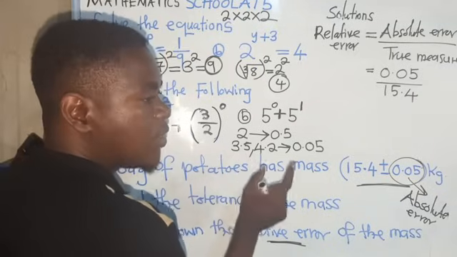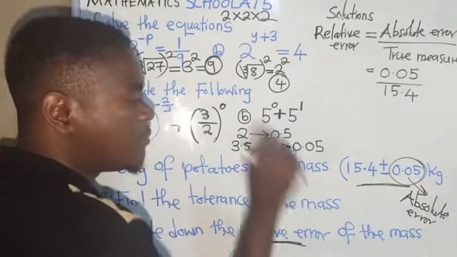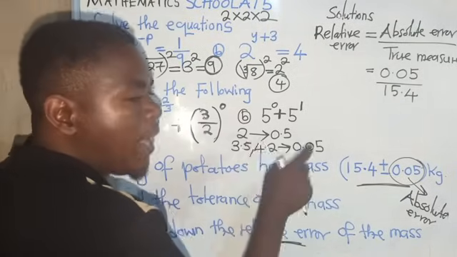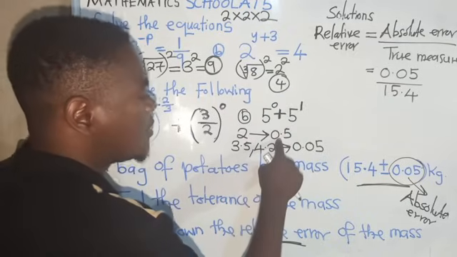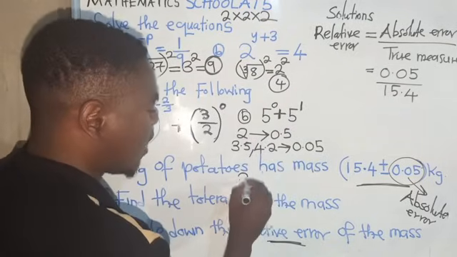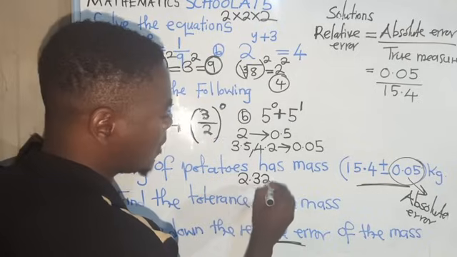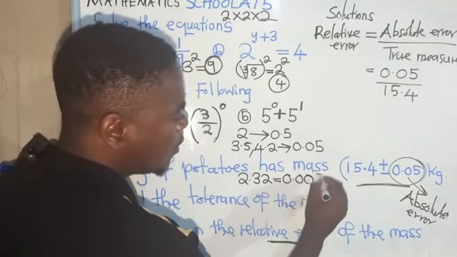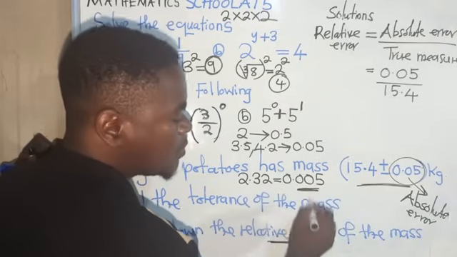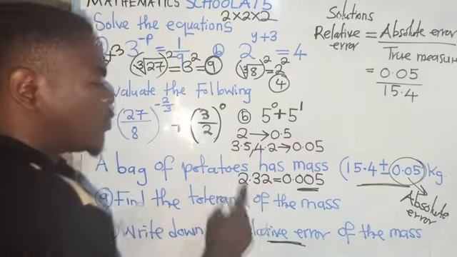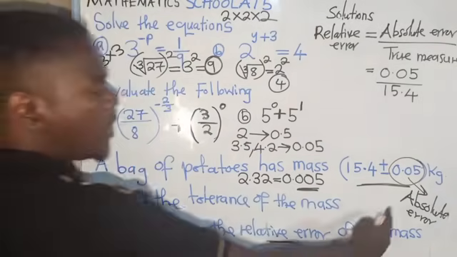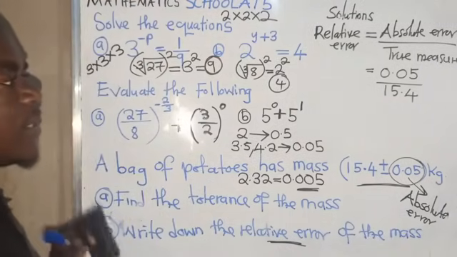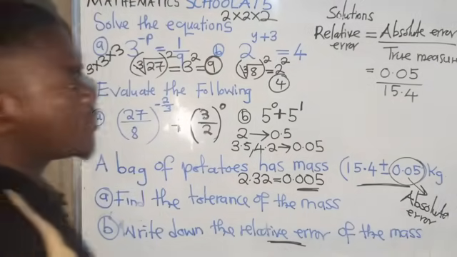Like I've told you, as long as the number is having one decimal point, this is the absolute error. If it is a whole number without a point, this is the absolute error. If it is having two decimal places, the absolute error is 0.005. So this is how I knew that this one is the absolute error. This is something you need to understand.